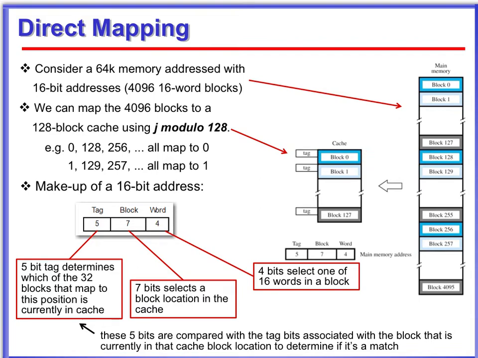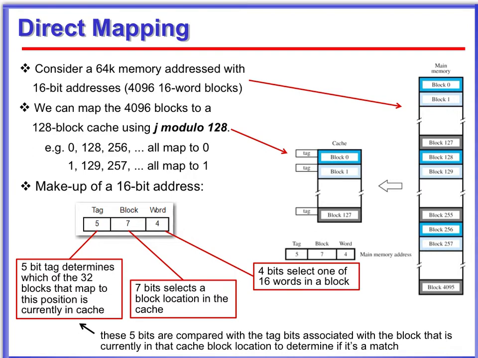We also want to know which block the word is in. Now cache, there's 128 blocks in cache. 2 to the 7 is 128. So these 7 bits will tell us which block position in cache we should look for this word in.